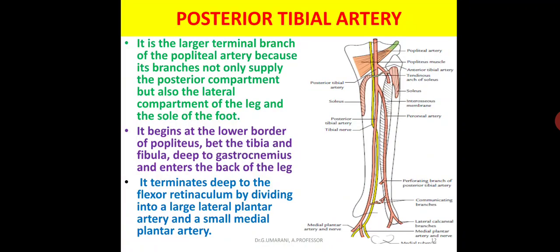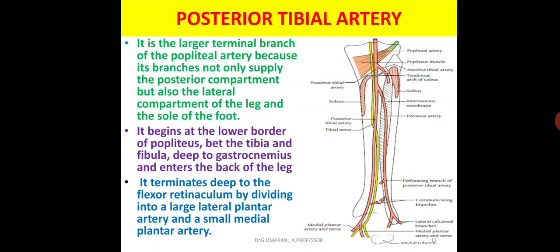And the posterior tibial artery. It is the larger terminal branch of the popliteal artery, because it supplies not only the posterior compartment but also the lateral compartment of the leg and the sole of the foot.